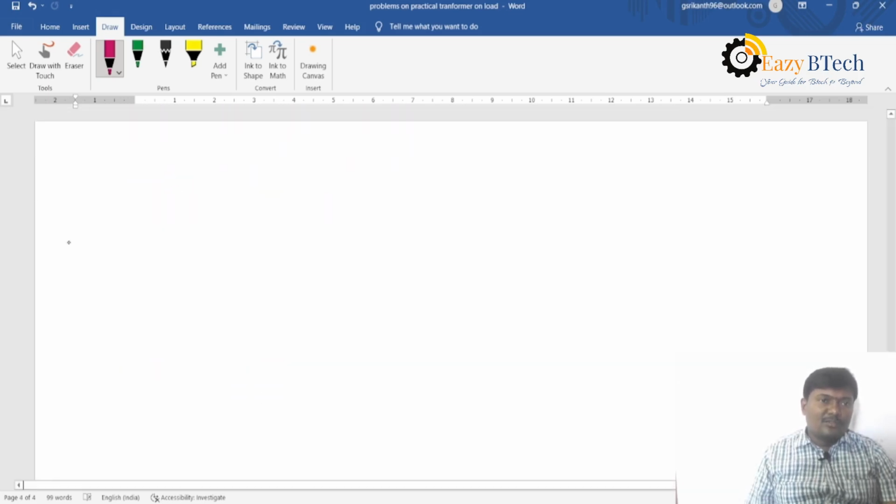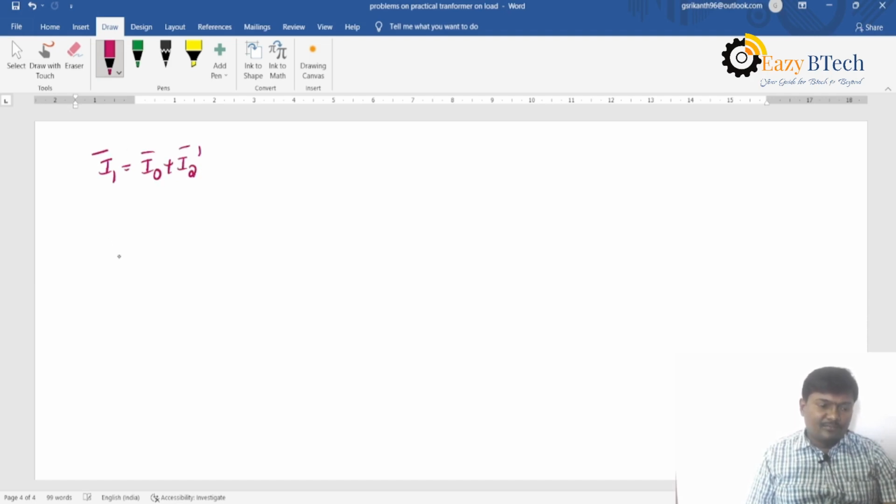So again the same procedure you can use. I1 is equal to I0 bar plus I2 dash bar. So I1 is I1 cos phi 1 plus j I1 sin phi 1. I want to calculate the no-load current.